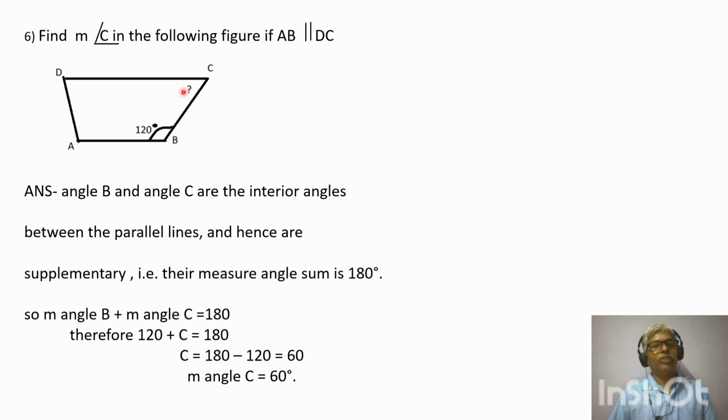Their sum is 180. So we use this property: measure of angle B plus measure of angle C is 180. Therefore 120 plus C is 180. C is equal to 180 minus 120, which is 60. So the measure of angle C is 60 degrees.